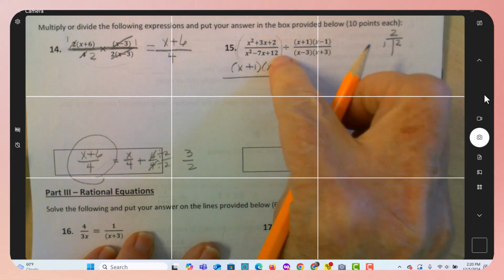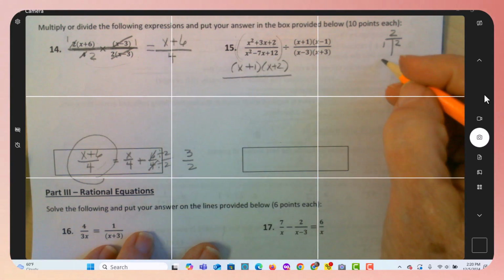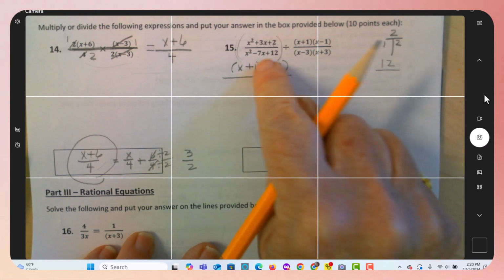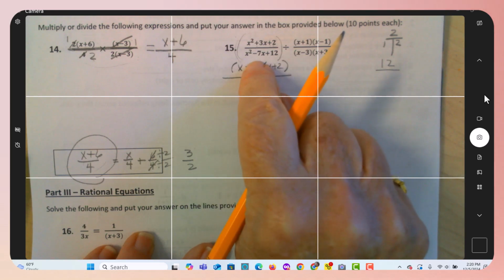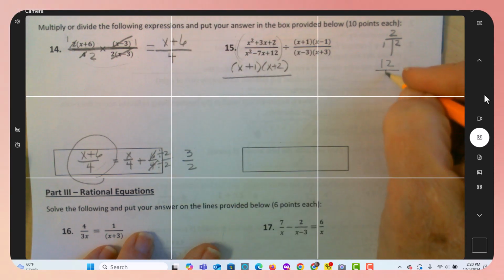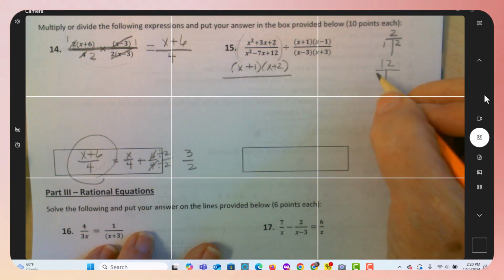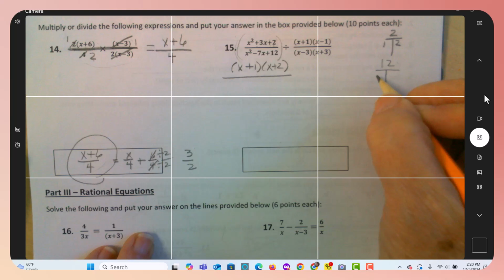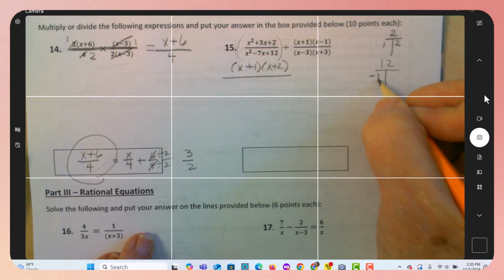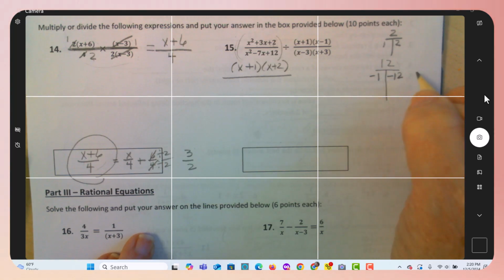Over, now I need to factor 12 into two numbers that add together to give me a negative 7. So they have to multiply to give me a positive 12, but add to give me a negative 7. So both of my factors need to be negative. Negative 1 times negative 12 add to negative 13. That won't work. I'm looking for negative 7.